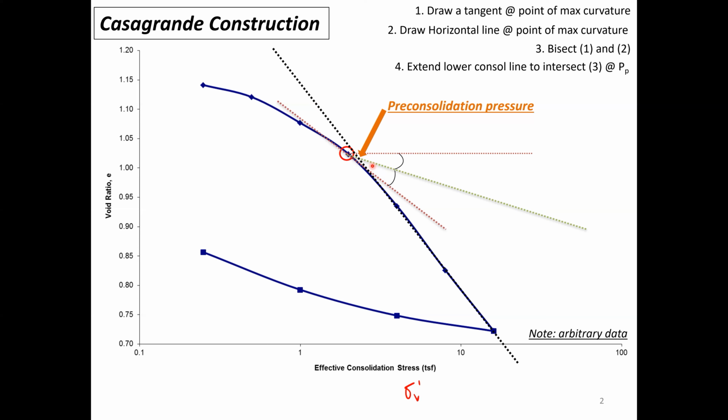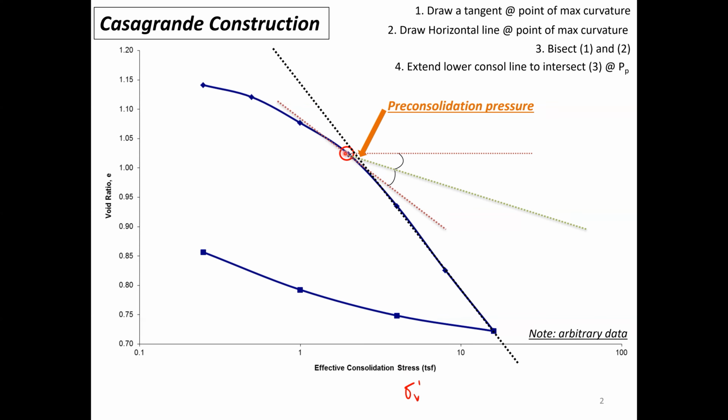And you may ask, why do we need to do it? Why don't we just pick the maximum curvature point, like the red circle point here, as our maximum past pressure, which is a little bit less than what we get from the graphical procedure? We may be reading a couple of decimal points of tons per square foot here.